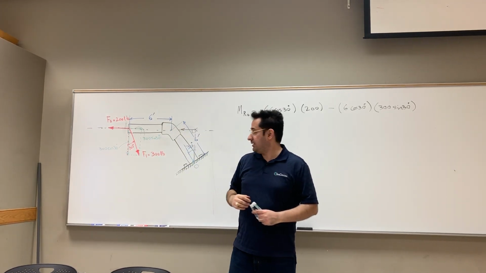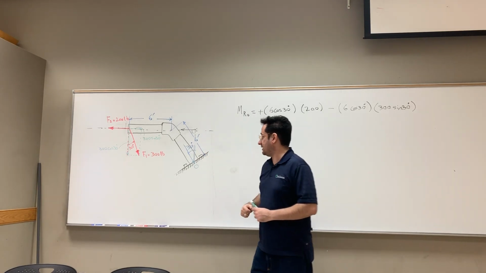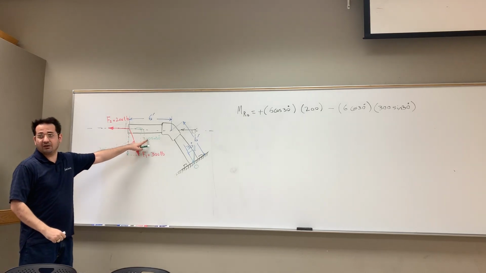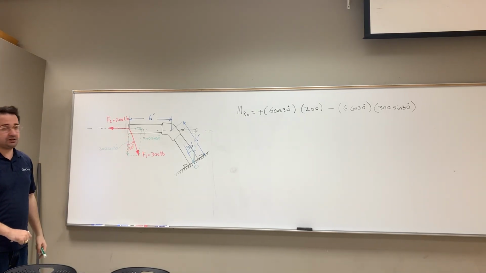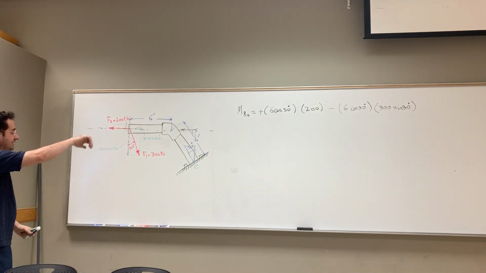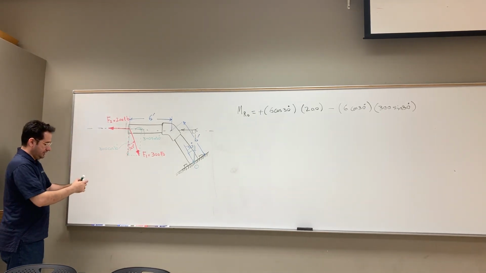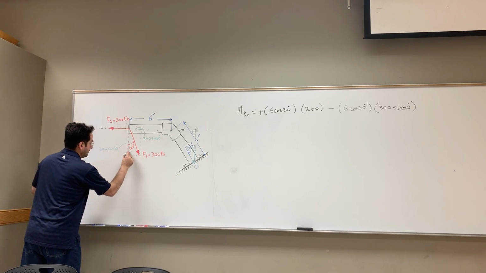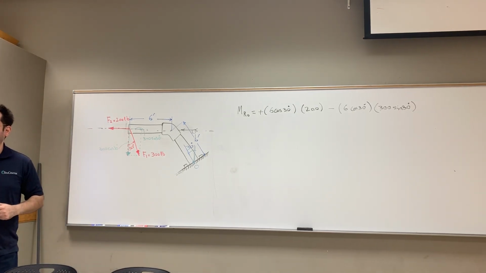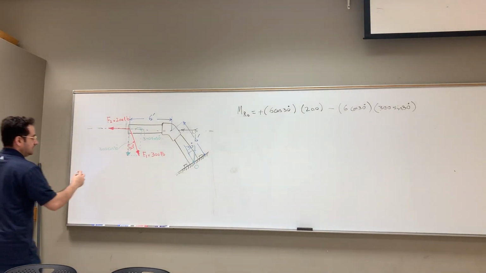Right? So, now going back to the question, I'm done with this component. This is the one that I moved: 300 sine 30 times the effective moment arm, and it was negative. Now I go and do this guy, the Y component, as she said. So where should I move it? Down.